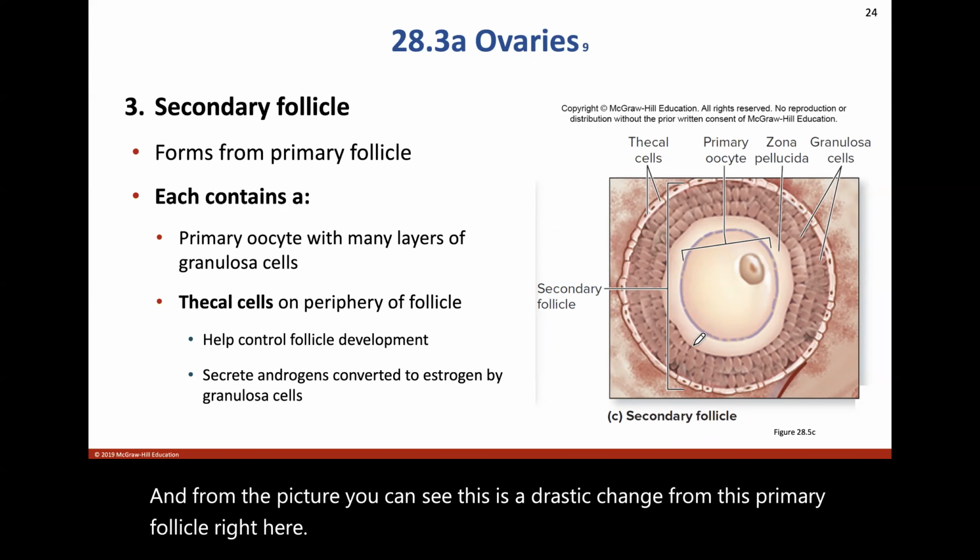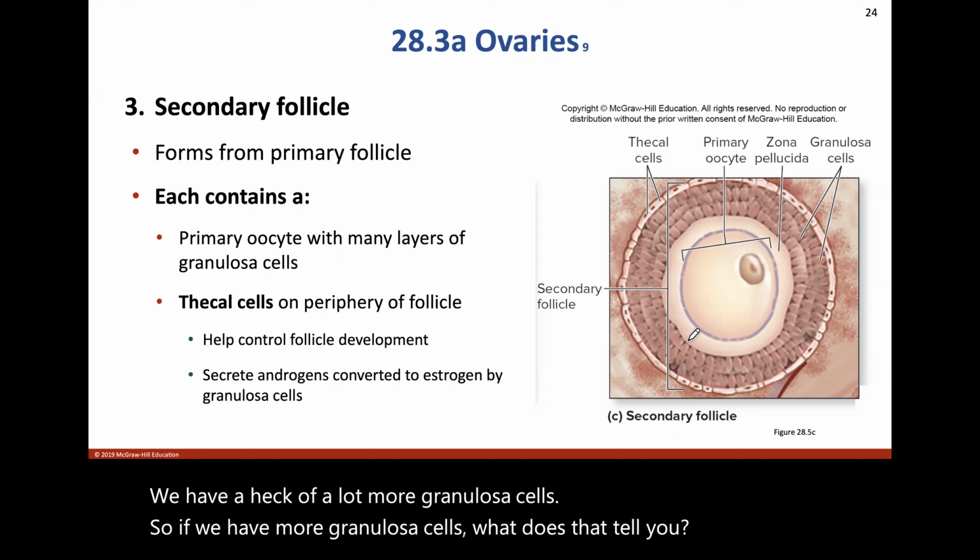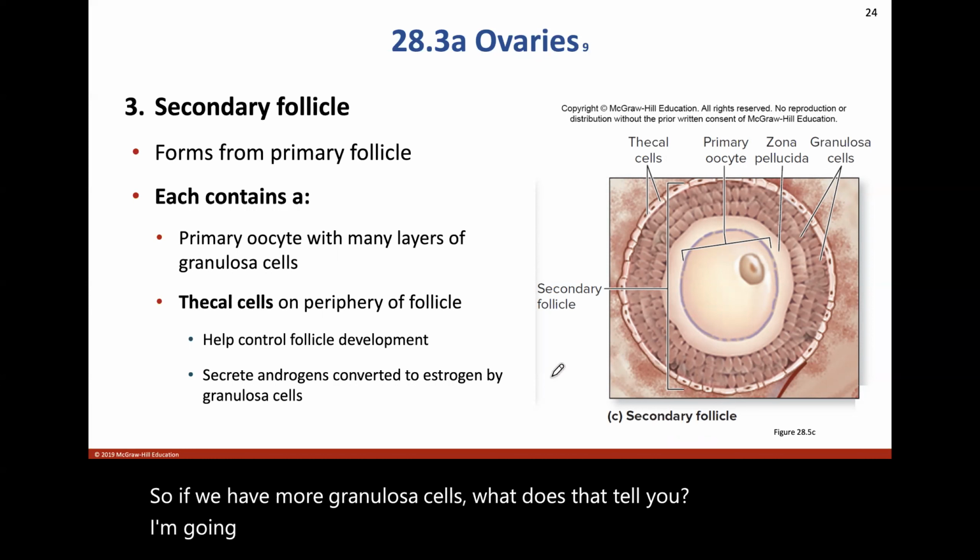We have a heck of a lot more granulosa cells. So if we have more granulosa cells, what does that tell you? We're going to have a secretion of a heck of a lot more estrogens.